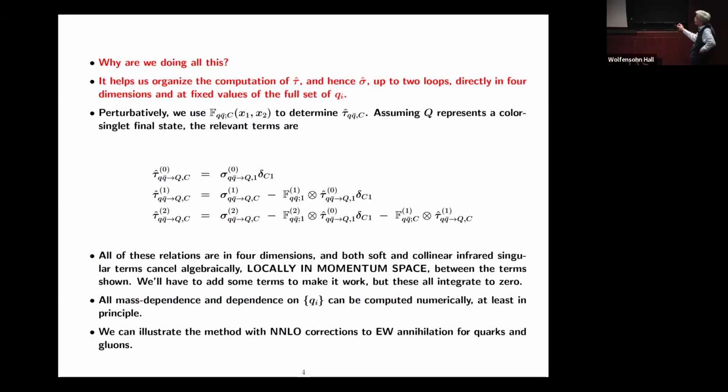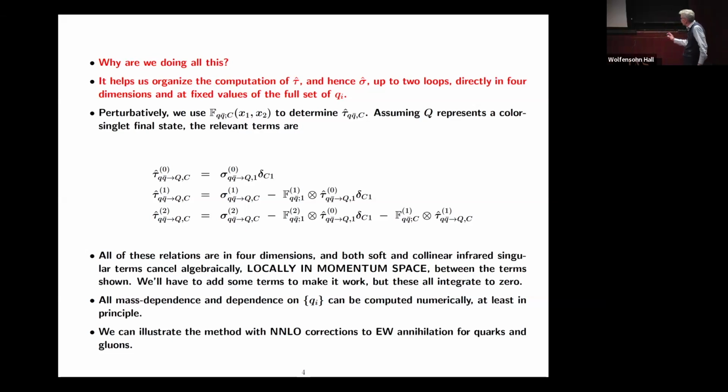Perturbatively, we use this F to determine tau hat, and assuming Q represents a color singlet final state, in other words, something we could actually observe at the LHC, the relevant terms are the following. If you start with your short distance cross sections, you just make what appear here as subtractions. What we want to do is to make these subtractions at the integrand level rather than the integral level.